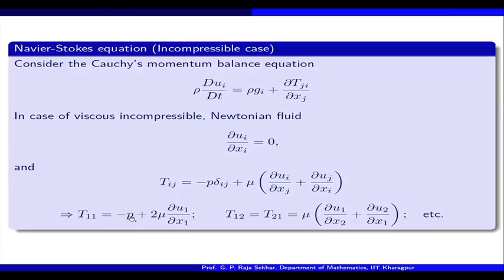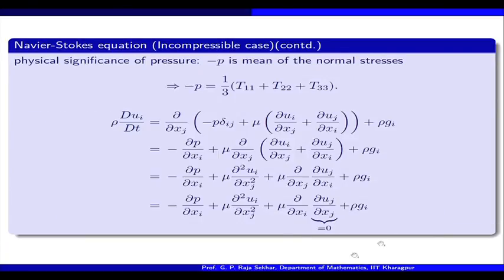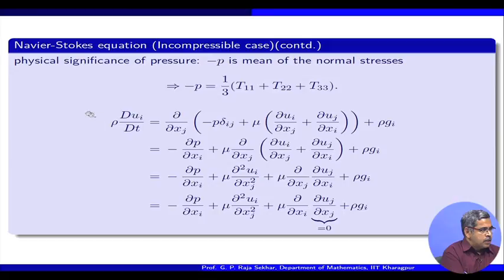T11 contains P, whereas T12 and T21 do not. Similarly, T22 contains P and the corresponding strain. For example, ∂u1/∂x2 indicates the strain deformation. That is a limiting case. This is the mean pressure.